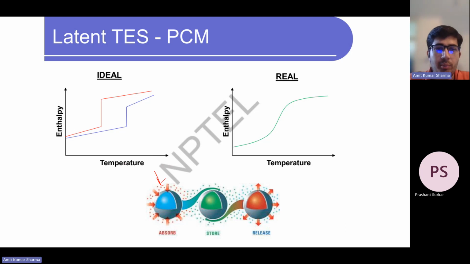So you can see absorb, then store, and then release. When they store the energy they are liquefied, and when they release the energy they become solidified again. So you can see the enthalpy versus temperature curve.